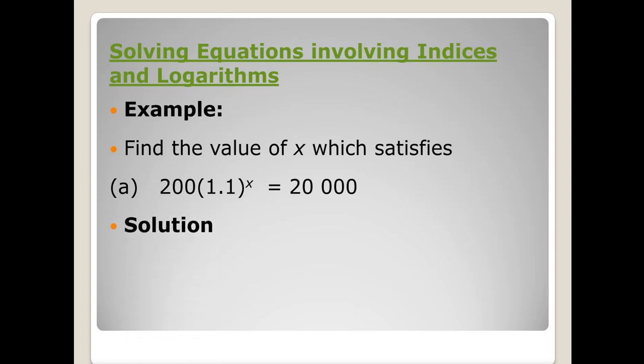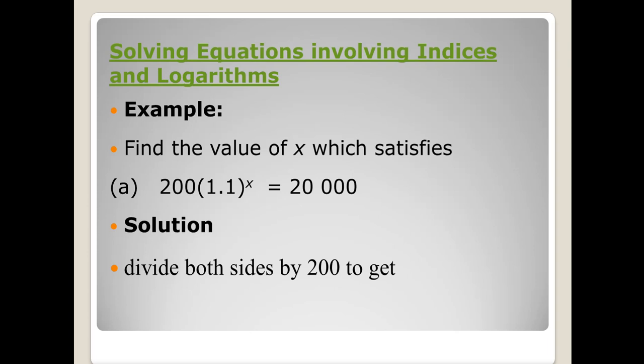So the solution of this kind of equation will be as follows. See, it's very obvious here. We have 200 multiplied by this bracket raised to the power x, and on the other side of the equation we have 20,000. So let's divide both sides of this equation by 200.